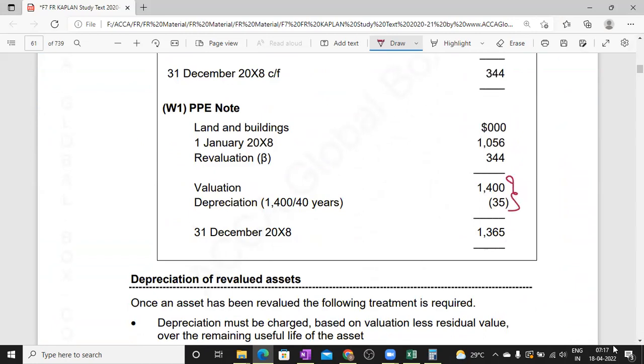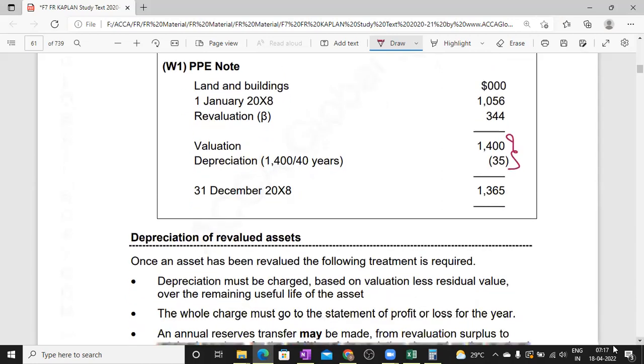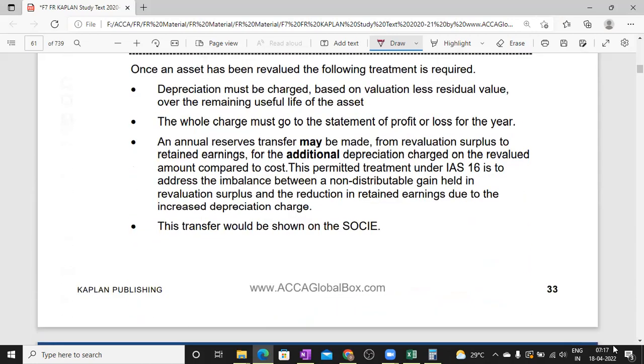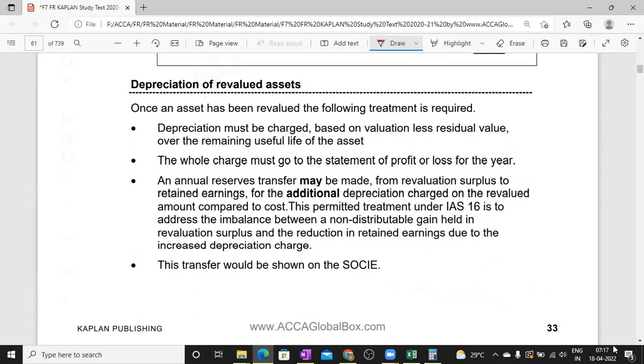Here, in case of revaluation, depreciation is created due to the increase in value of an asset. For example, the depreciation is 25,000 per annum regularly.